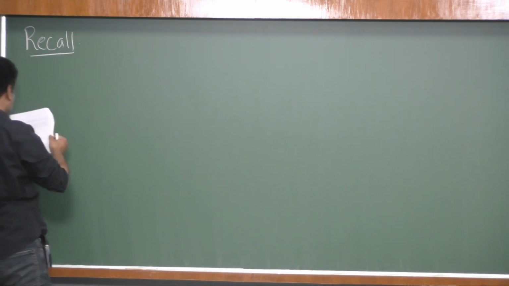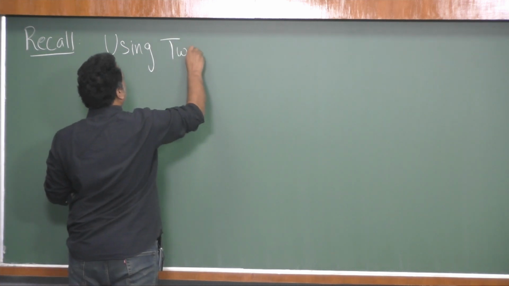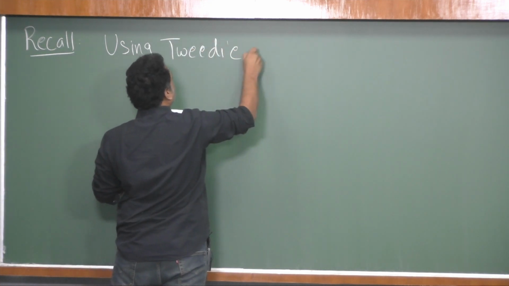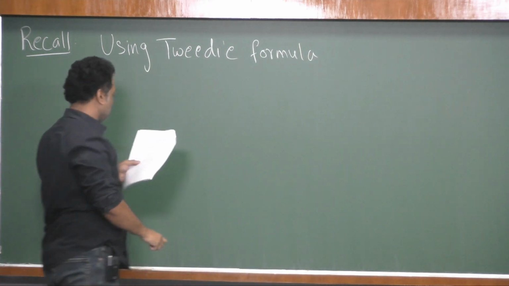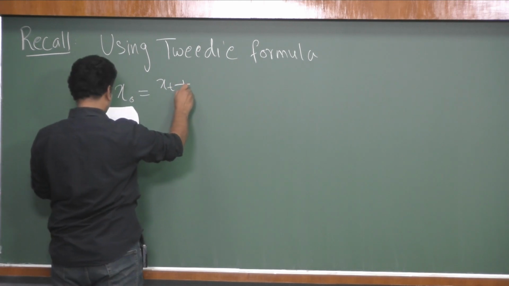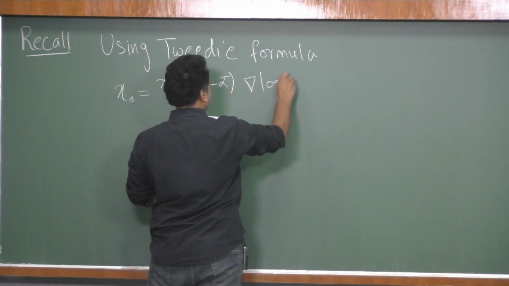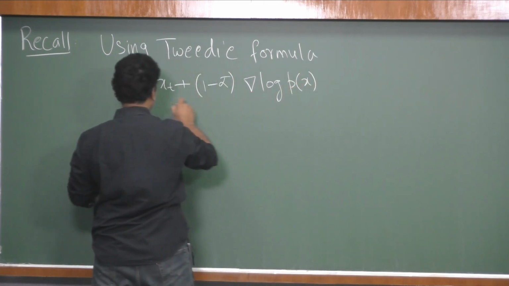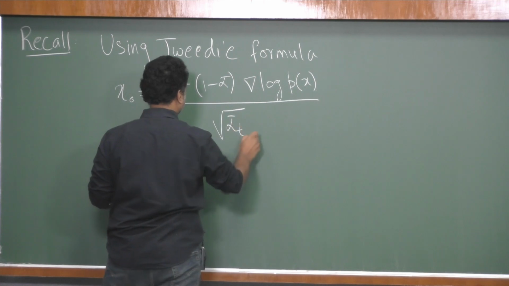So from the last class, using Tweedie's formula, we wrote this as x naught = (xt + (1 - alpha bar) grad log p(x)) divided by square root of alpha bar t.